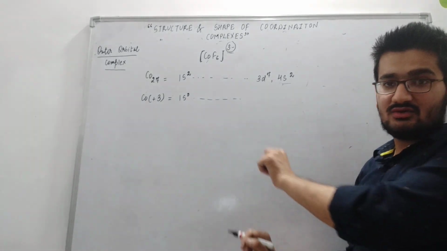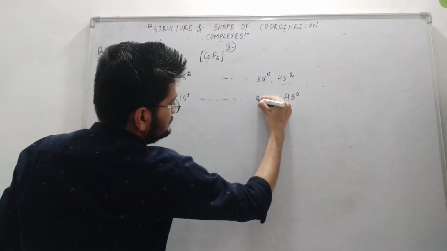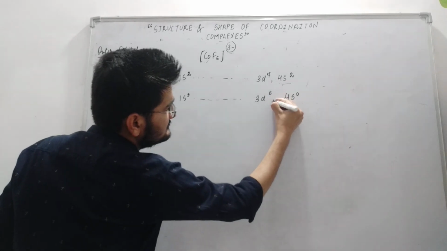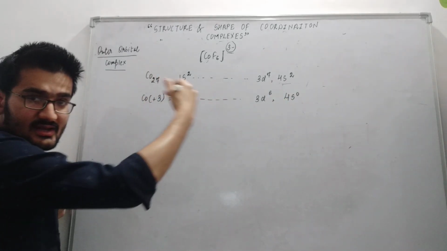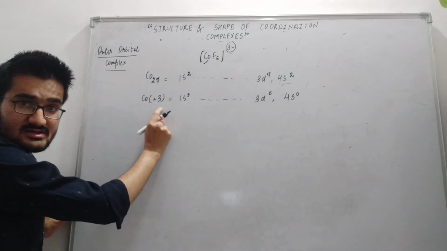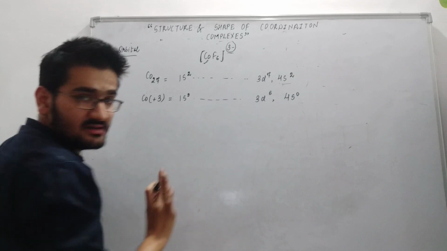So overall 3 electrons are eliminated. So 4s0 and 3d7, not 3d7, there should be 3d6, because in this complex the oxidation number is +3, which means 3 electrons have already been eliminated.